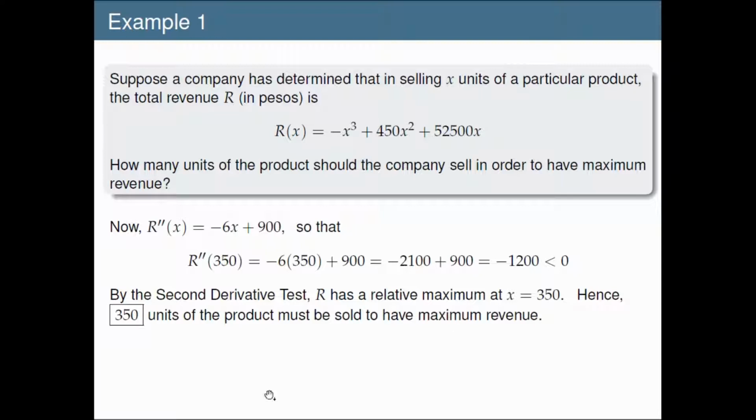So 350 units of the product must be sold. Okay. Any problem where we get the maximum or minimum value of a quantity or a function is called an optimization problem.